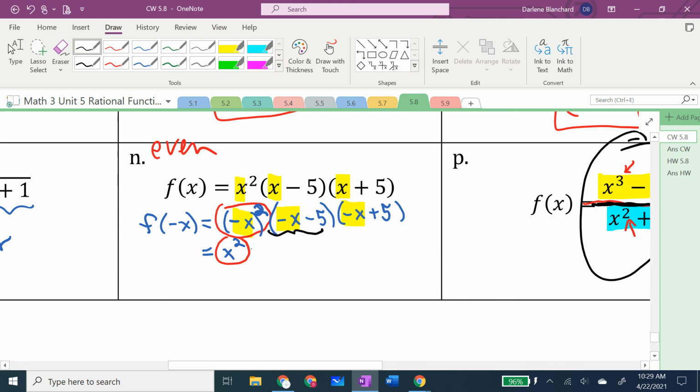This turns into a multiplication. I can factor a negative 1 out of it, and it becomes x plus 5. For my next factor, I can also factor a negative 1 out of that, and that's going to give me x minus 5. Negative 1 times negative 1 gives me positive 1.